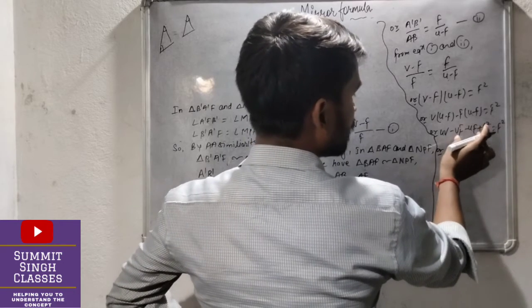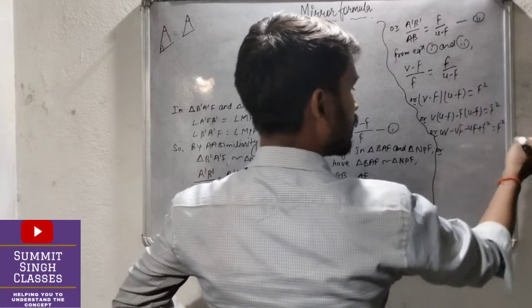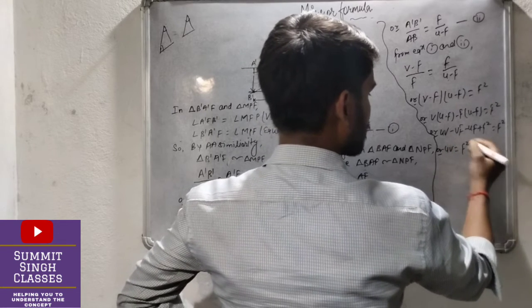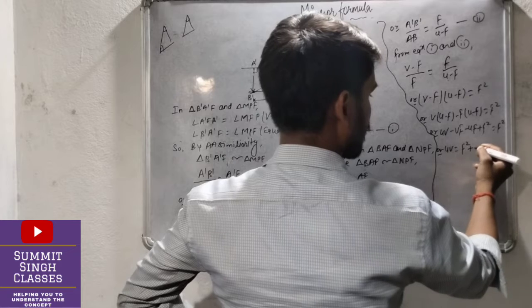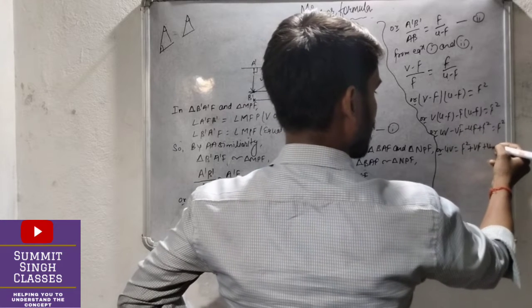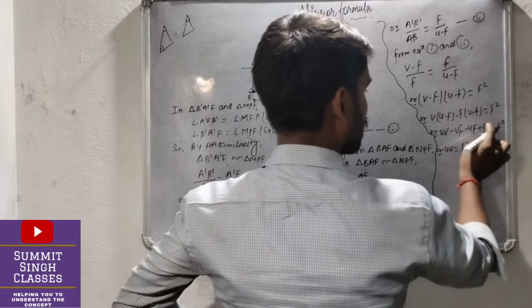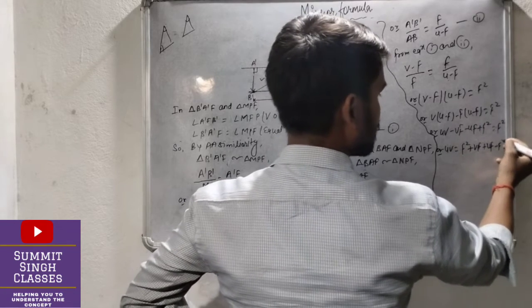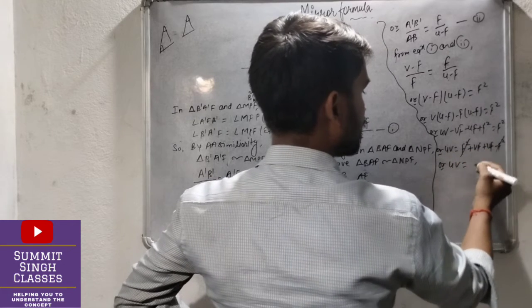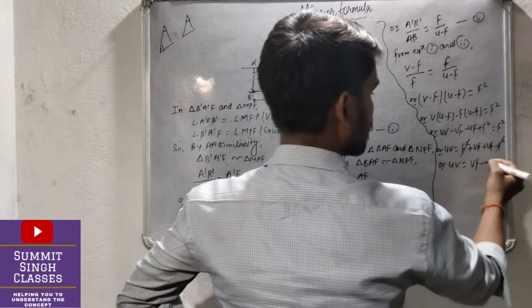Or if we take these whole things to that side, then uv will be equal to f square, plus vf, plus uf, and minus f square. The f square cancels with f square, so we have uv is equal to vf plus uf.